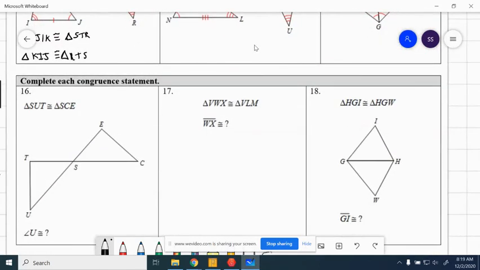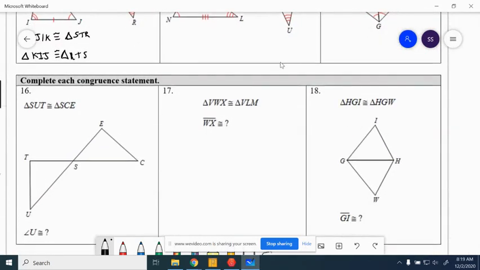Let's look at 16, 17, and 18. All right, so now we're just looking. If you want to mark these fully up, we can. SUT, so we're going SUT. So this would be single, double, triple. And it looks like we're asking for an angle measure, so we don't really need to go through and mark up our side lengths.